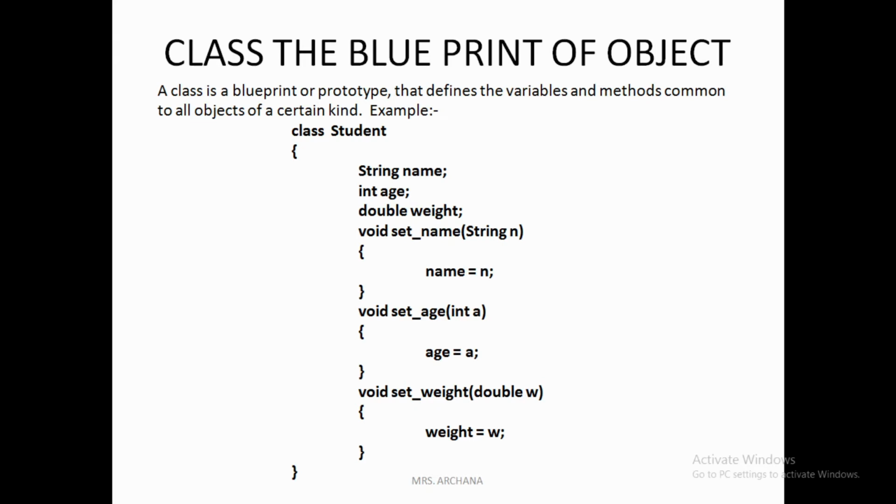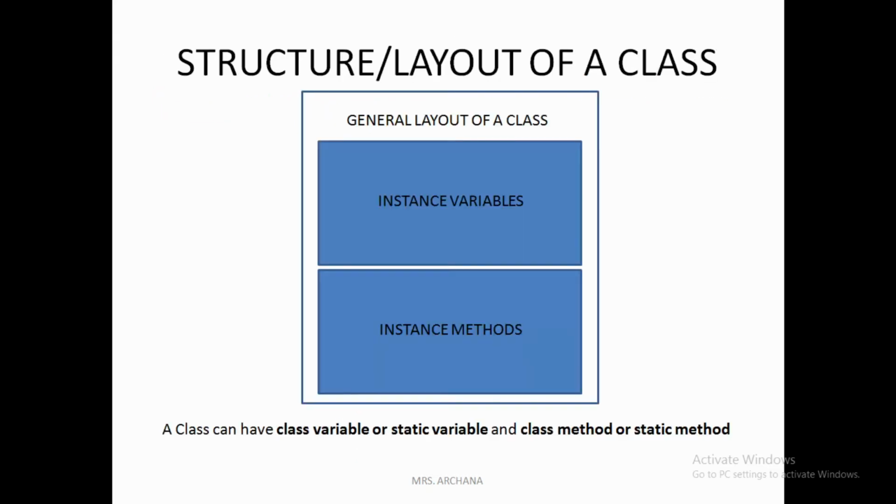Hence, this class student represents the blueprint or structure of objects that can be created from this class. In this slide, a general layout of a class is shown. A class consists of instance variables and instance methods.